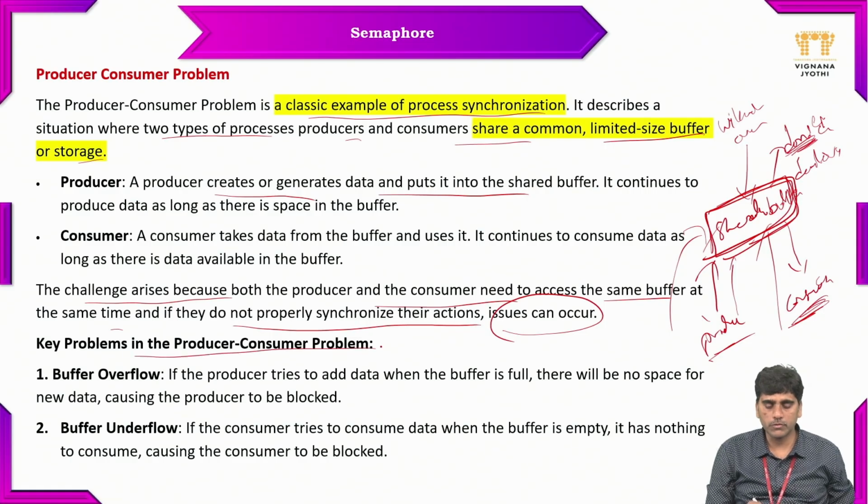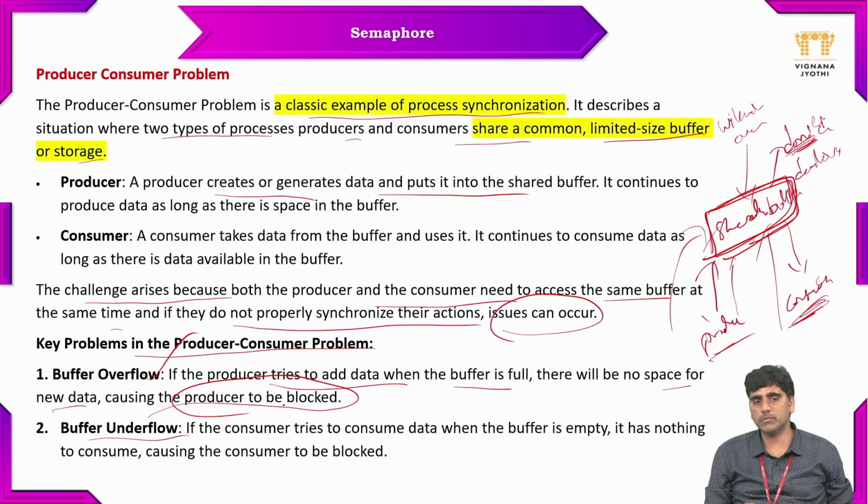So the key problems in the producer-consumer problem are, one, what? Buffer overflow. Second one is what? Buffer underflow. If the producer tries to add data when the buffer is full, there will be no space for the new data, causing the producer to be blocked. So if the shared buffer is full, no other data can be added, and the producer is blocked. And the second one is buffer underflow.